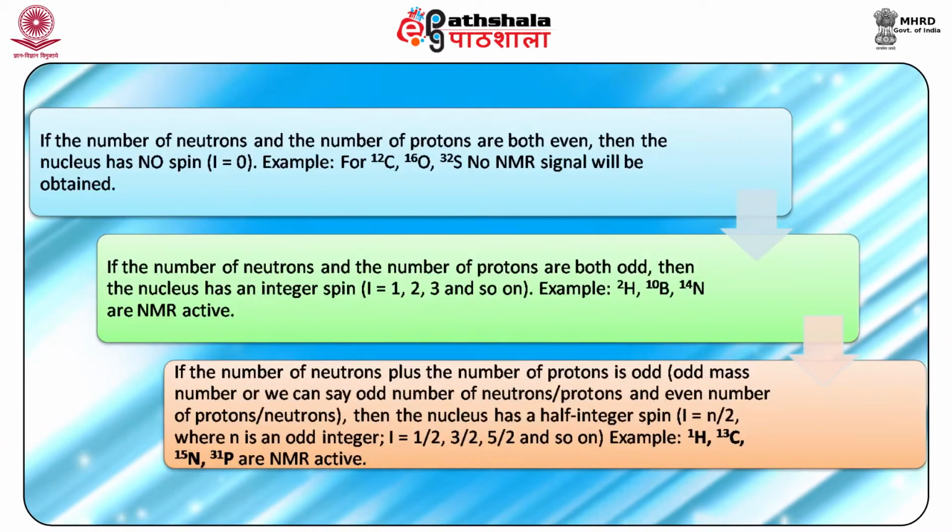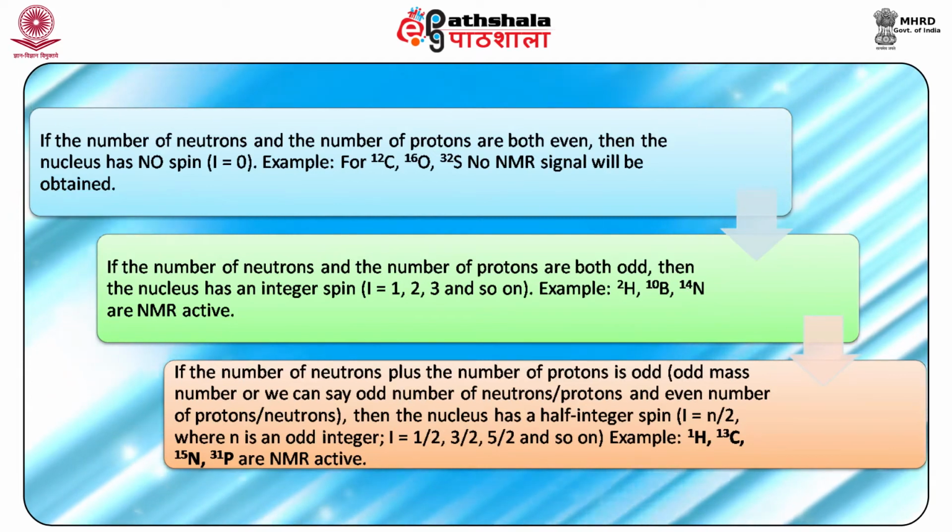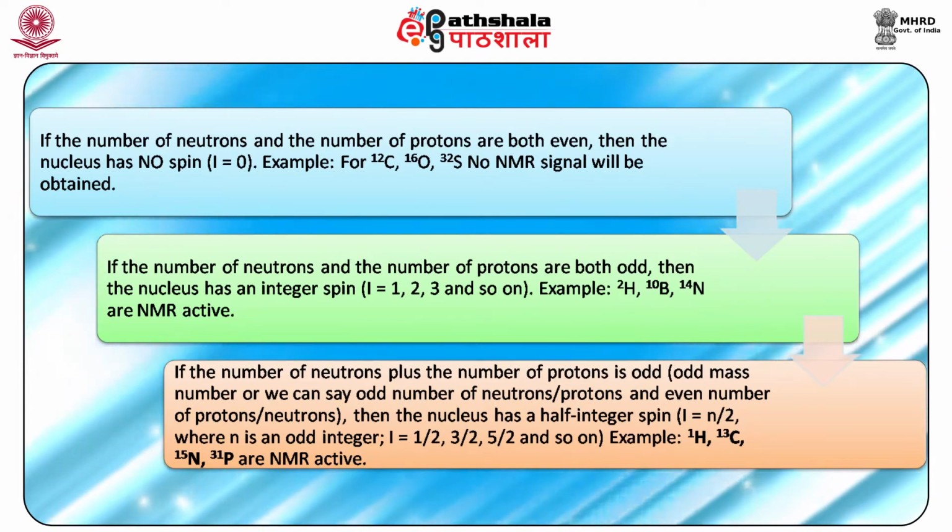Only those nuclei which have a non-zero spin number, I repeat, which have a non-zero spin number, can absorb or emit radio frequency radiation and hence are NMR active nuclei. Now this is the important point which forms the basis of NMR spectroscopy.